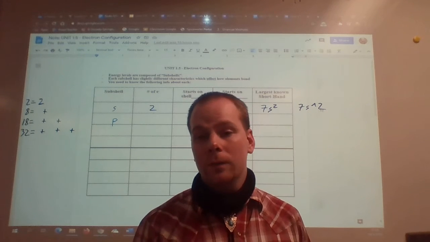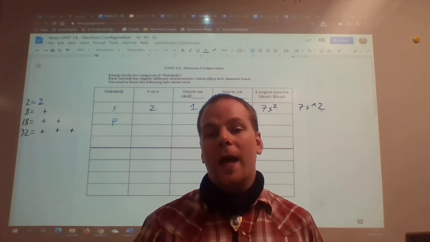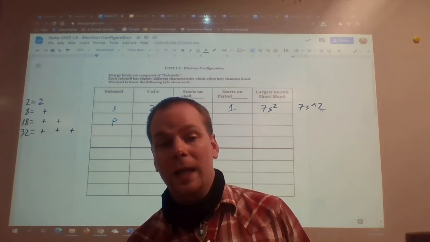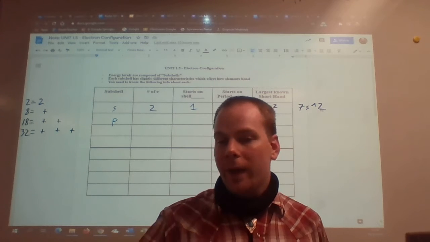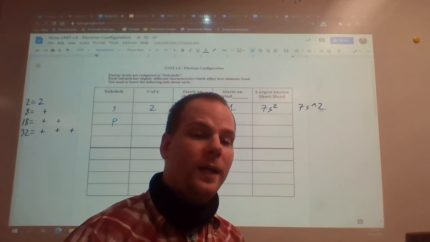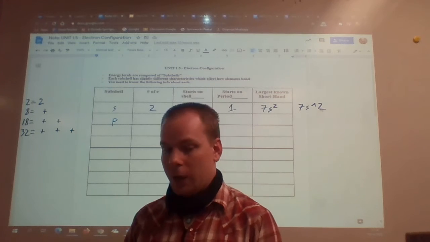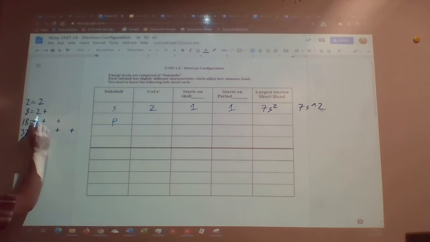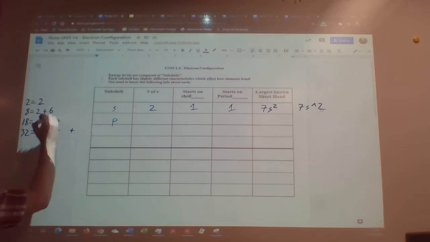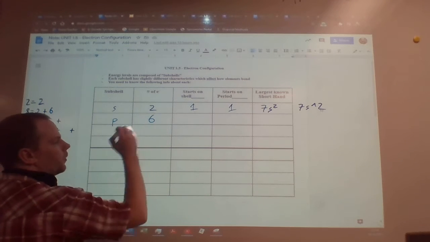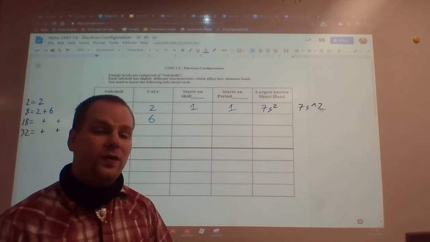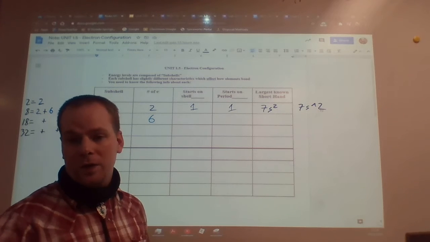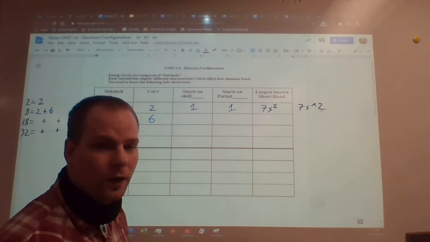Now, considering that the second energy level has both the S subshell and the P subshell, and S holds 2, how many electrons, then, should the P subshell hold? Well, if the S is accounting for 2 of the 8, and the P has to pick up the rest, this has to be 6. So the P subshell can hold up to 6 electrons. Any more than that, it ends up somewhere else. But it can hold up to 6.